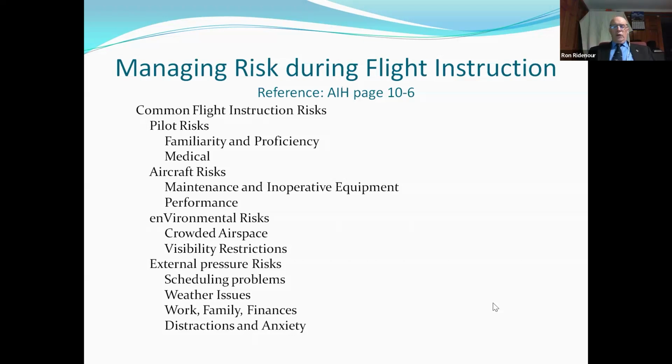Inoperative equipment. We're allowed to fly with some inoperative equipment as long as it's placarded and deferred correctly. And 91-213 is what determines how we go about that. Basically, since we don't have an MEL or a minimum equipment list like some aircraft do, we're obliged to look at some different aspects of whether we can defer those items or not.